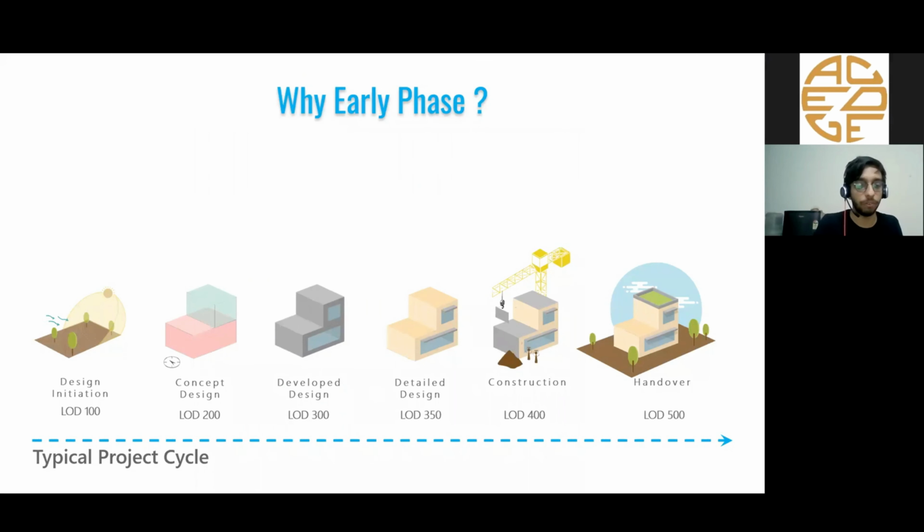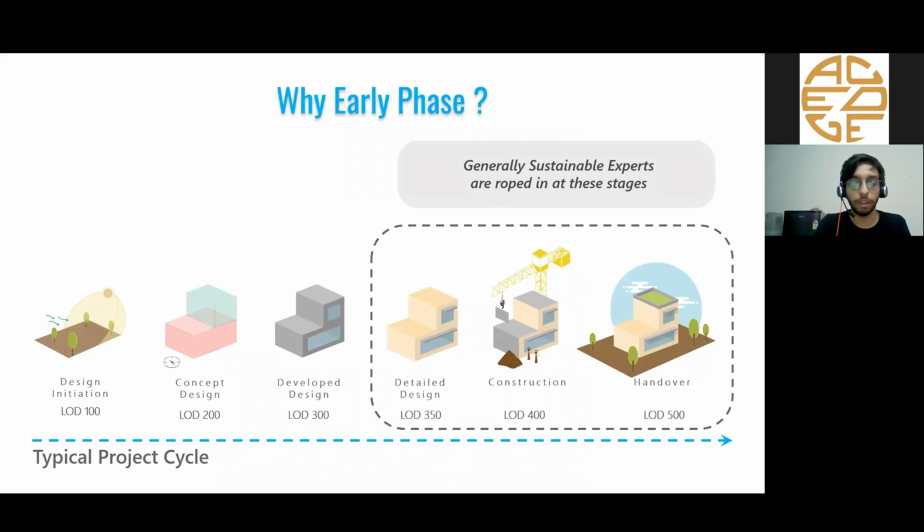So we have different design stages. According to the BIM analogy, we have this level of detail. In level of detail, that is the design initiation. Then we have the concept design, LOD or level of detail 200, and so on.